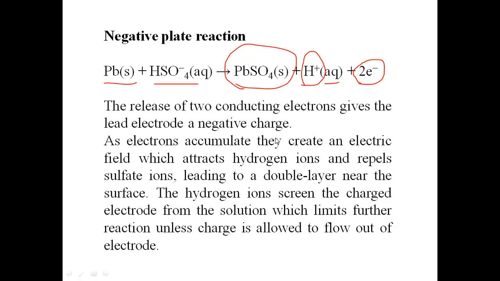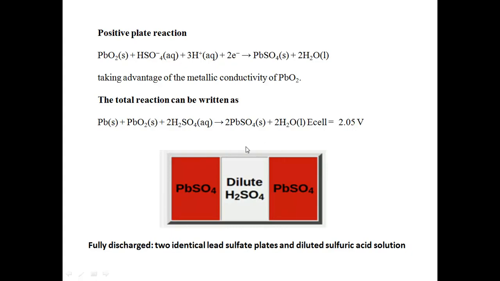electrons at the anode. At the cathode, the lead oxide reacts with HSO4 minus and 3 H plus ions plus the 2 electrons that it receives from the outer circuit, that is the electron which has flown through the battery to the load, electrical load, and back to the battery.